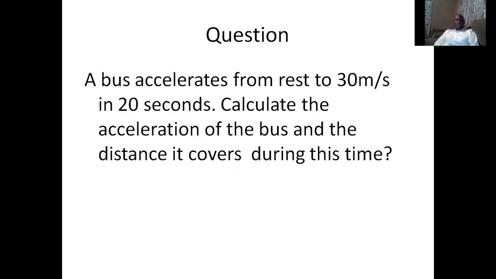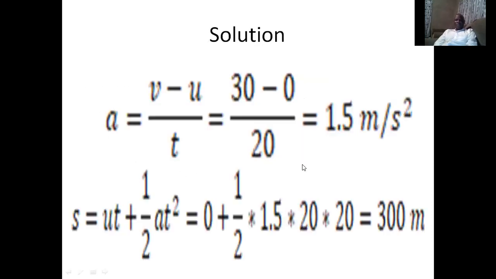The second part of the question asks us to calculate the distance it covers during this same time. We can use equation 3, where displacement is equal to initial velocity multiplied by time plus half times acceleration times time squared.